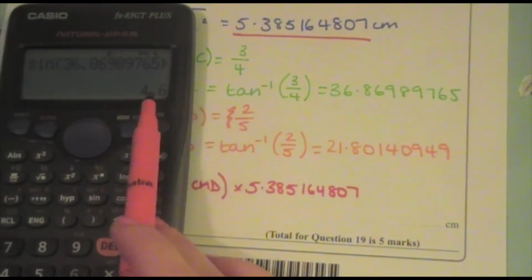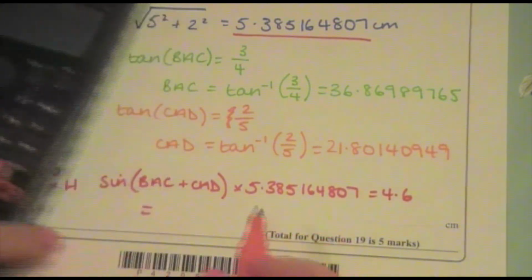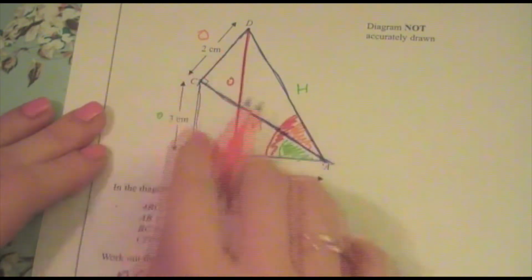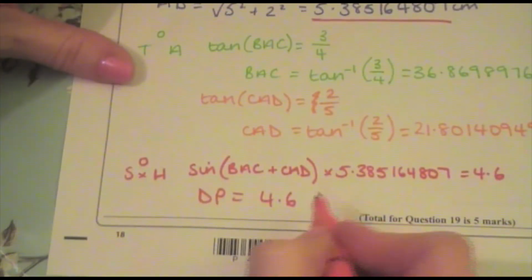And I get the answer 4.6. Okay, therefore DP, so that length there, equals 4.6 centimetres.